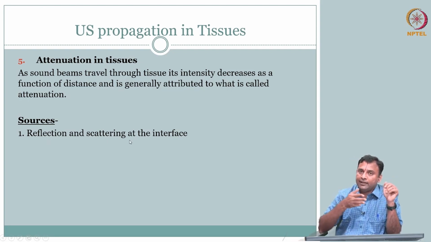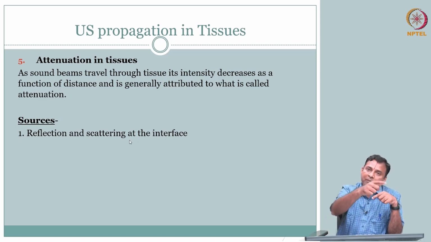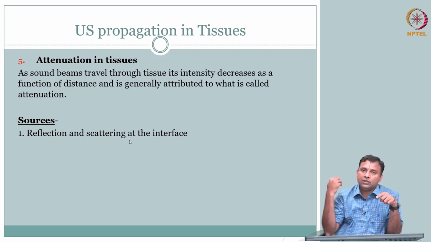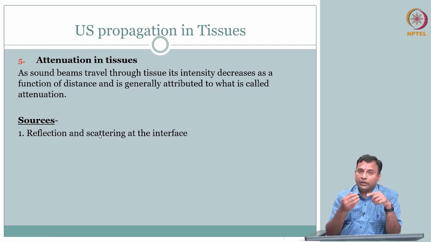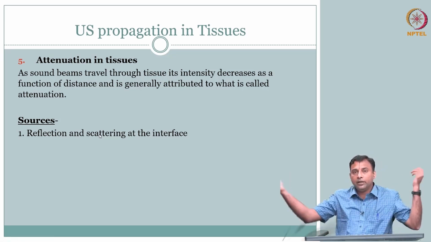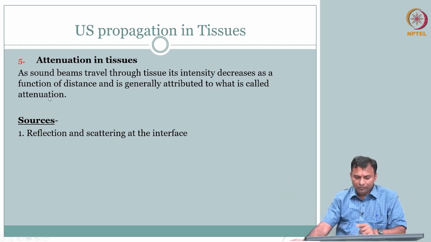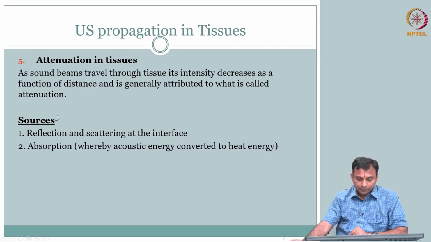I am sending the signal, and some signal, R, comes back. So as you go further in depth, the signal is reducing because some amount is reflected back at the interfaces, and scattered, so it could go in several directions. We will talk about that in a minute.